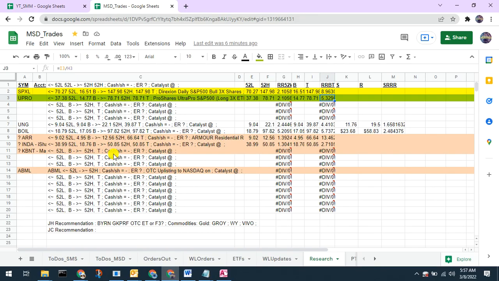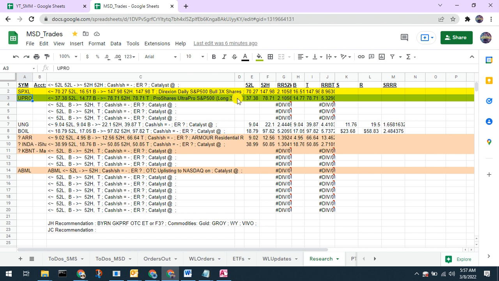Okay, I also want to quickly show you how to use this technique to compare the long leveraged ETFs on the S&P 500. We already have one of them in our database, which is UPRO, the ProShares UltraPro S&P long 3X ETF.